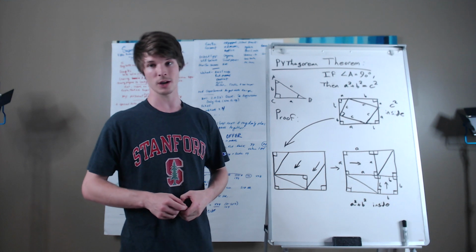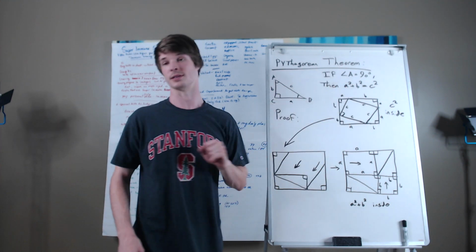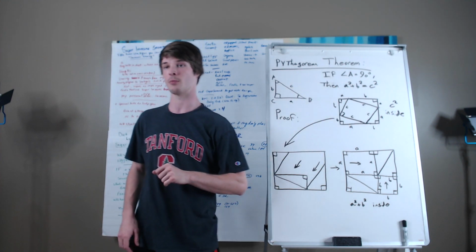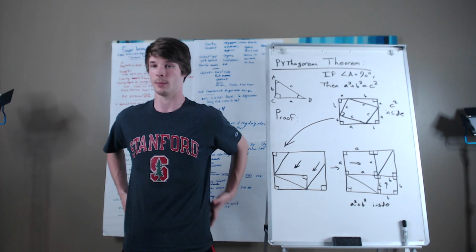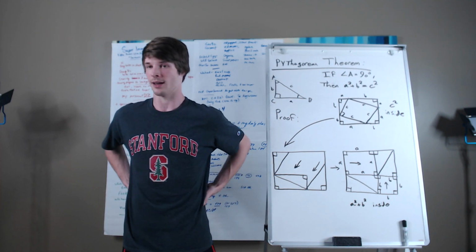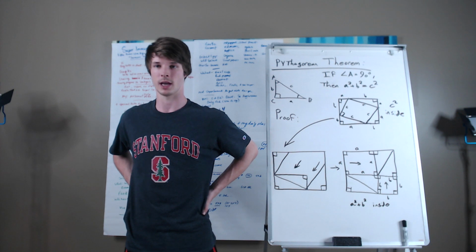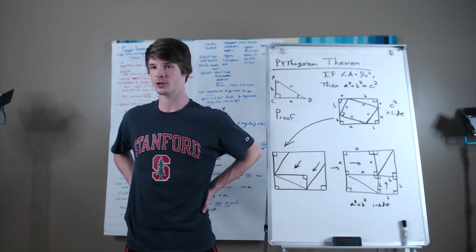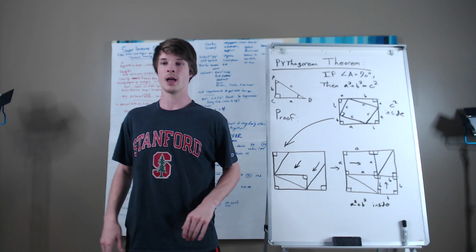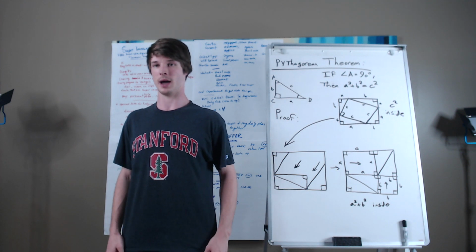I don't need to worry about the case where the angle is not equal to 90 degrees, because if you go back to when we were talking about if-then statements, if the hypothesis of our implication is untrue, we have no more work to do because our implication is automatically true at that point.